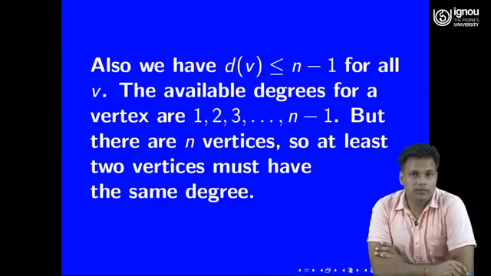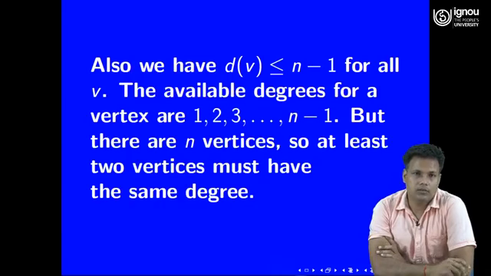So the available degrees are 1, 2, 3 up to n minus 1. But now there are n vertices and n minus 1 degrees. So again by the pigeonhole principle, some vertices must have equal degree, which is not possible.